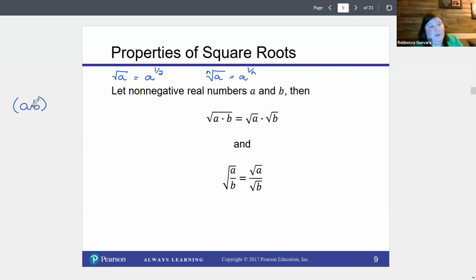One of our rules was that if I had a product of two numbers and raised it to a power, the power distributes across the product. If I have a quotient and raise it to a power, the power distributes across the quotient. The same thing applies here with square roots. The square root of a times b is equal to the square root of a times the square root of b. And the square root of a over b is the square root of a over the square root of b.